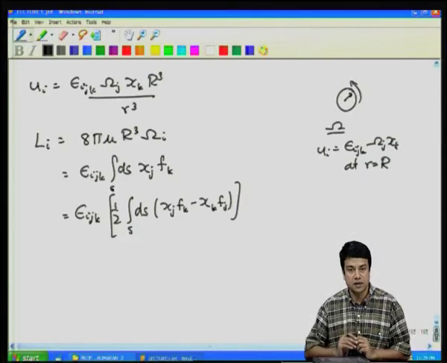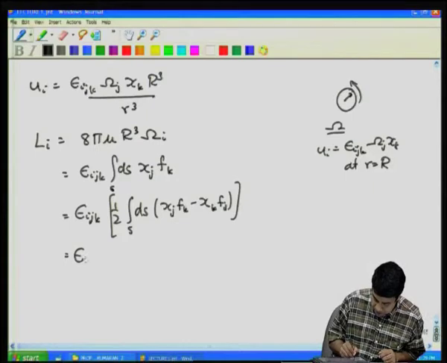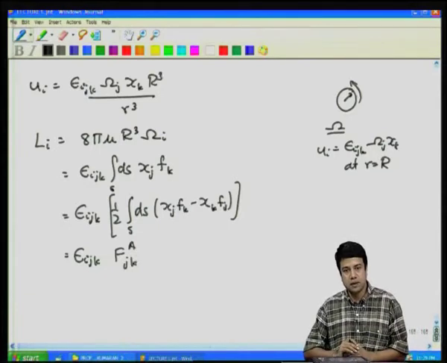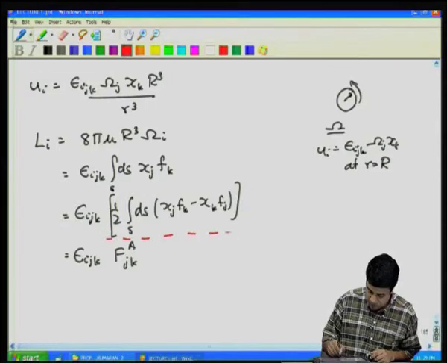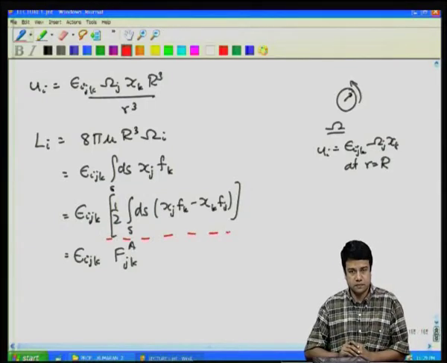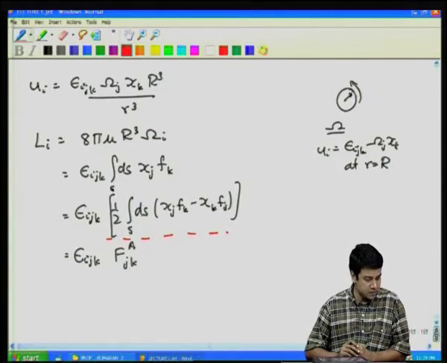So, this is equal to epsilon_ijk times the antisymmetric force moment, where the antisymmetric force moment is basically this one. So, I can write the velocity field in terms of this antisymmetric force moment as well.